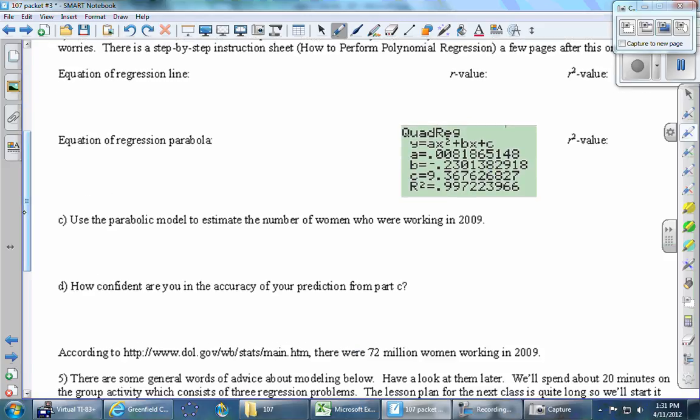Okay, so the equation here, y equals, it says ax squared. What do I put? 0.008x squared plus bx. What do I put? Plus c.